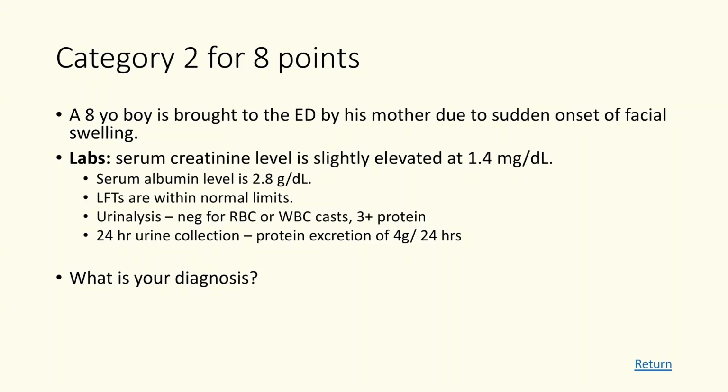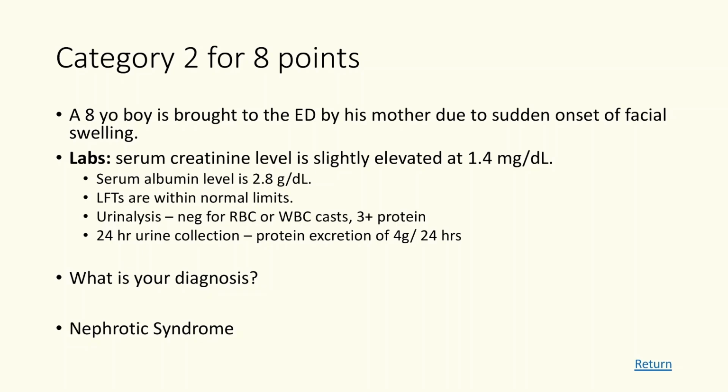LFTs are within normal limits. Urinalysis is negative but has 3+ protein, 24-hour urine collection, protein excretion of 4 grams in 24 hours. So what's the diagnosis for this one? Nephrotic syndrome on this one, with the O. Because of the proteins, there's no blood. This is all a nephrotic disease.